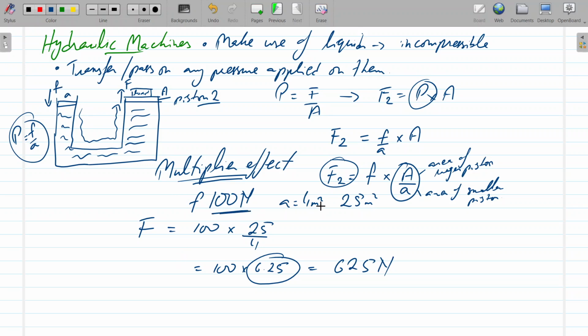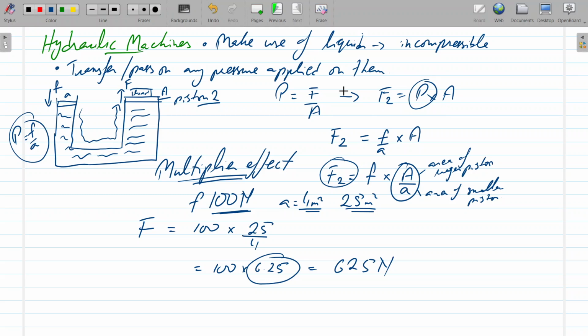The area of piston 1 is 4 meters squared. The area of piston 2 is 25 meters squared. The pressure at piston 1 is 100 divided by 4, but we're not calculating that out. The pressure at piston 2 is whatever force over there divided by the larger area.